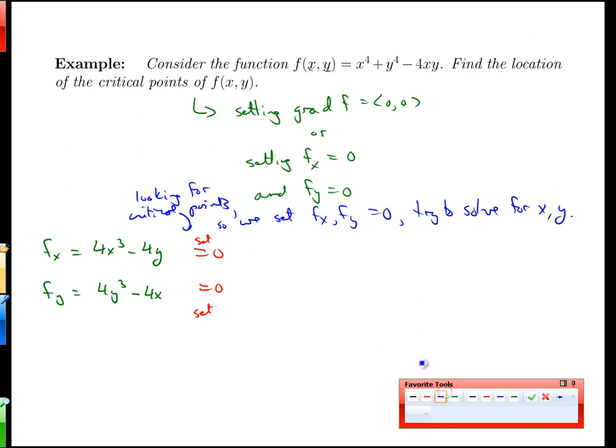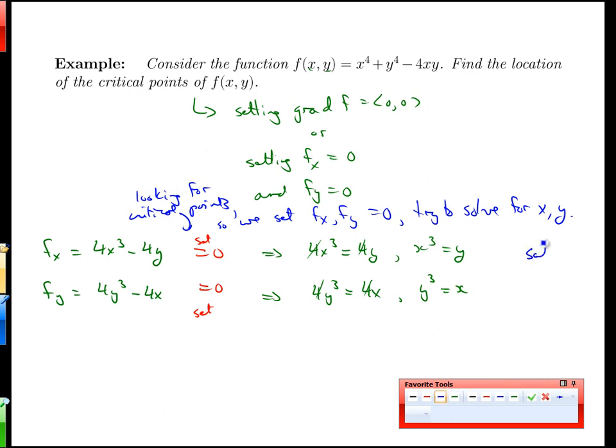All right, so let's do that here. Set those equal to 0, and if those are equal to 0, then what can we conclude? Well, here we conclude that 4x cubed is equal to 4y. We can cancel the 4s, so x cubed must equal y at the critical point. And likewise, for the other expression, I can bring this 4x over, and this would tell us that y cubed must equal x.